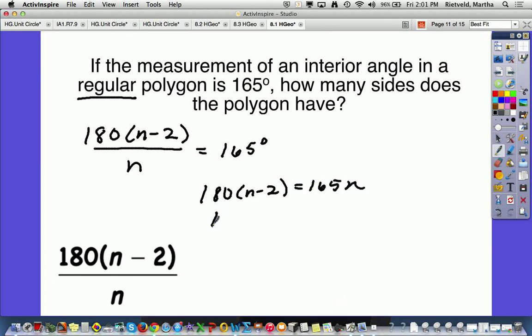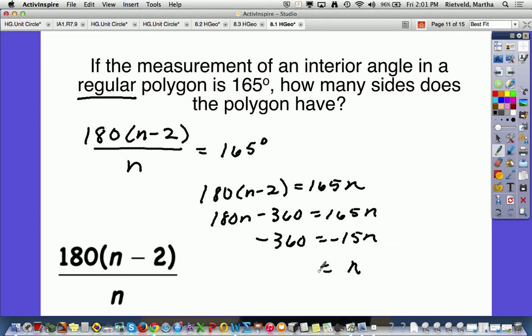I'm going to distribute the 180. I'm going to subtract the 180, and then divide by negative 15. There are 24 sides in this polygon.